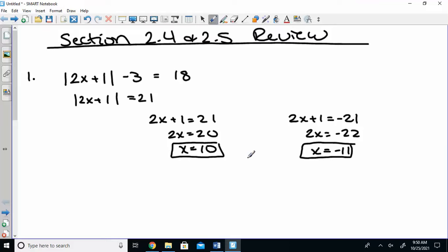Is that okay with everyone? So if I gave you the equations to solve, you know what to do there.